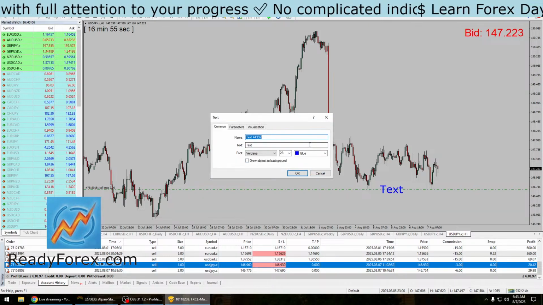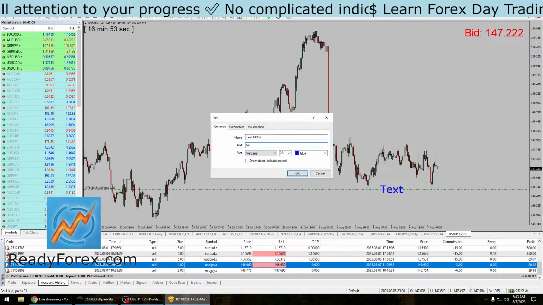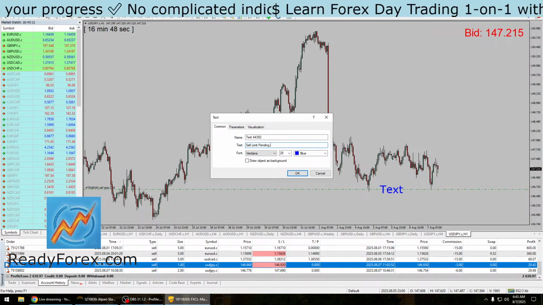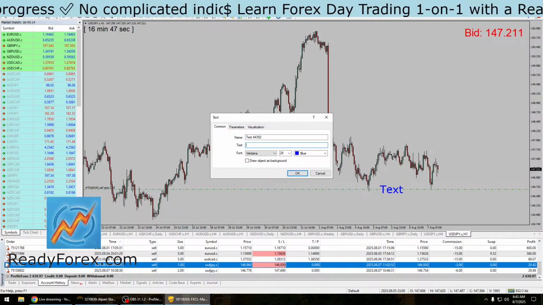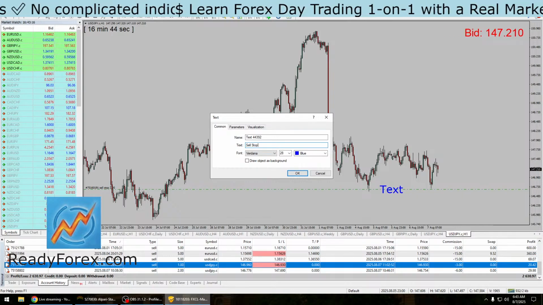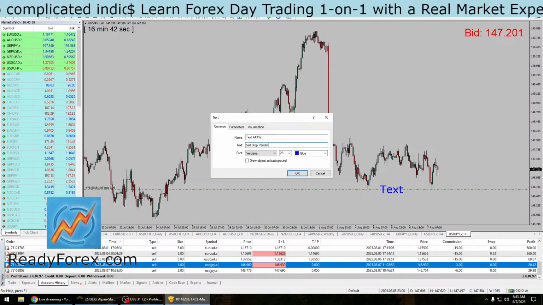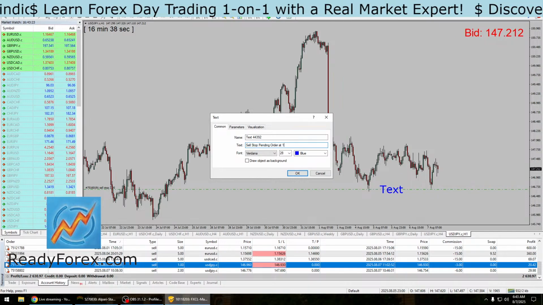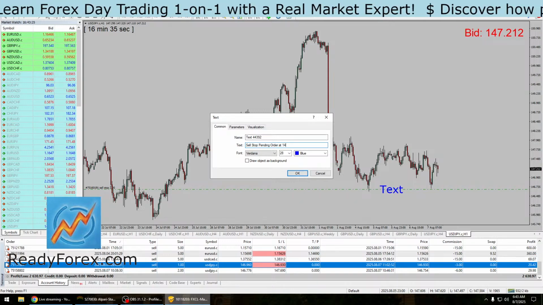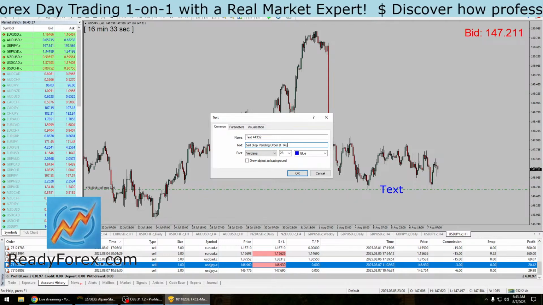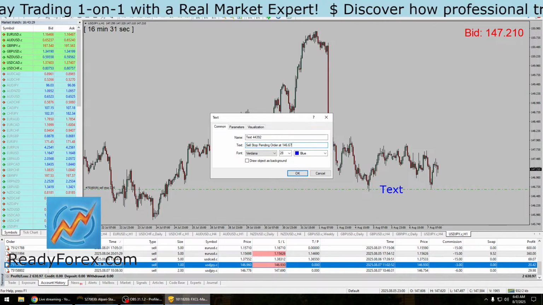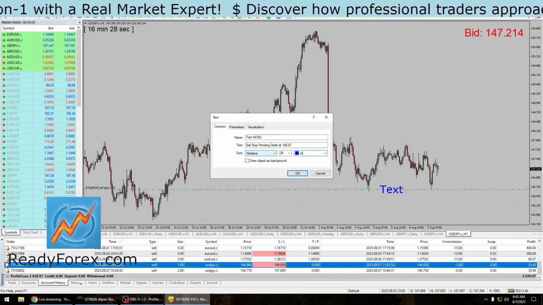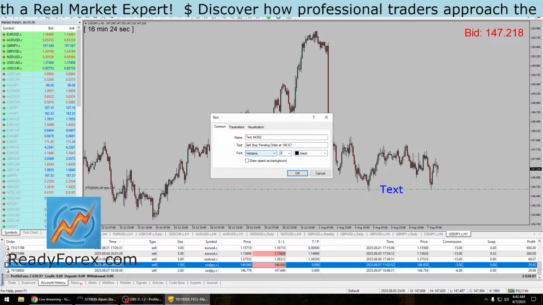So here it is, sell limit, sell stop actually, sell stop pending order at 146.67, I think, level right over here.